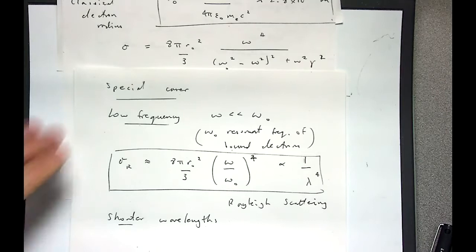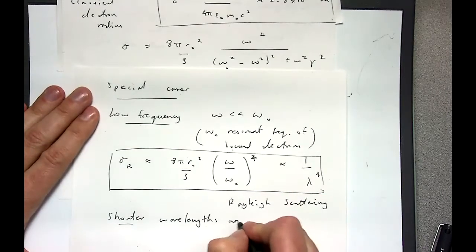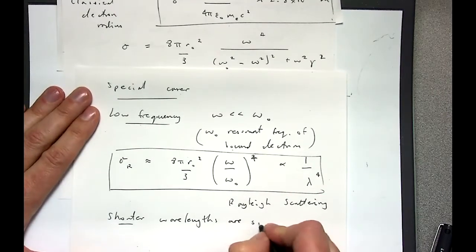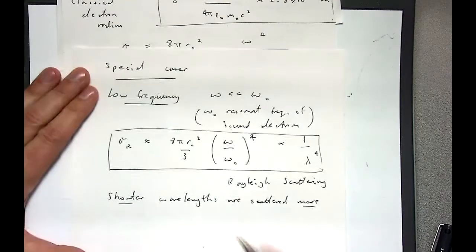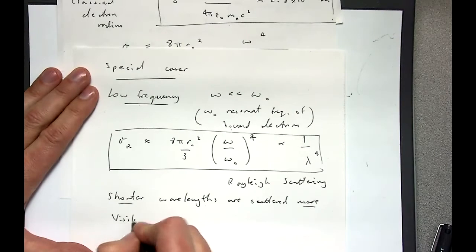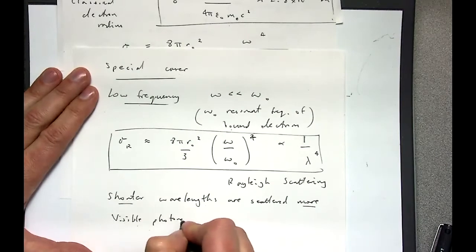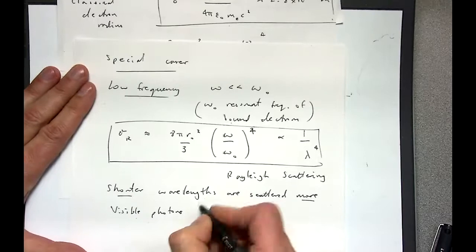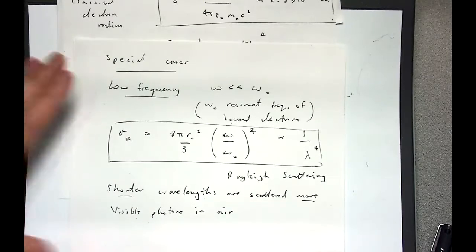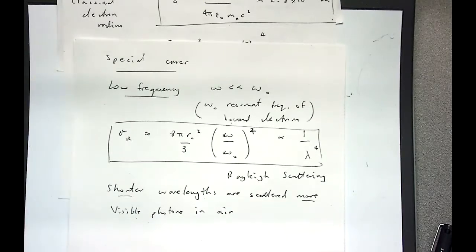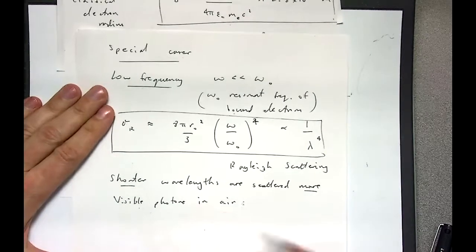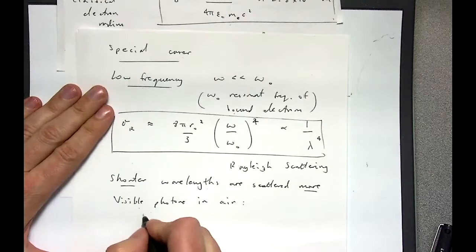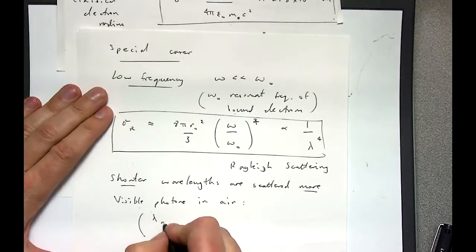Okay, but most of the time, all we really care about is the relative rate of scattering for a given type of atom. Okay. So a classic question one might ask is, if I had visible photons passing through air, and the air atoms have some resonant frequency which is much, much greater than the frequency of the visible photons, then we can express the relative rate of scattering of, say, red photons to, say, blue photons.